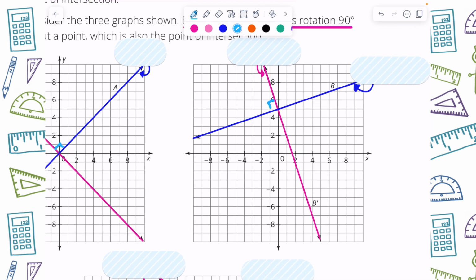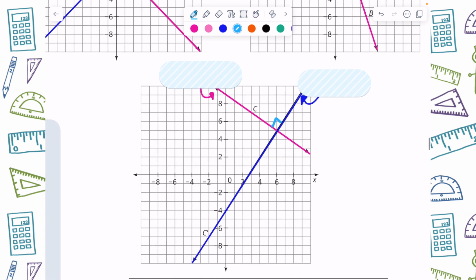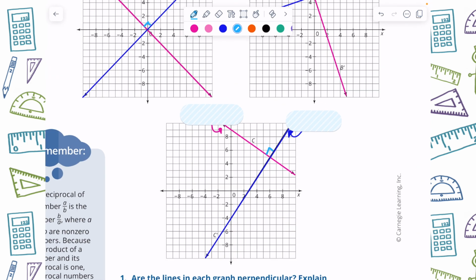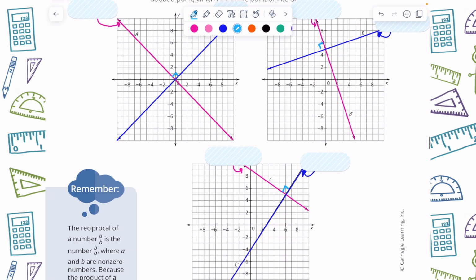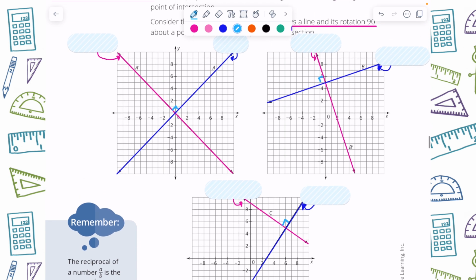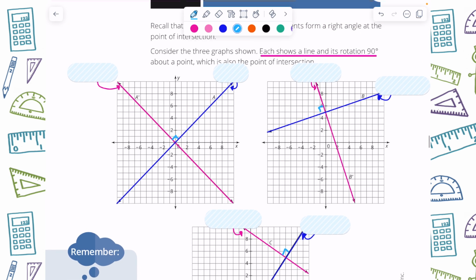Write the equation of the pink line, write the equation of the blue line, and then see what you notice. Same thing for the third graph. So you're going to be writing the equation of 6 different lines, and then you're going to look and see what you notice. Go ahead and take a minute, pause the video, and answer these questions, and then when you have finished, play the video to see if you are correct.